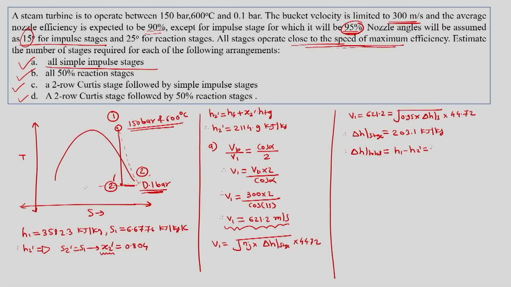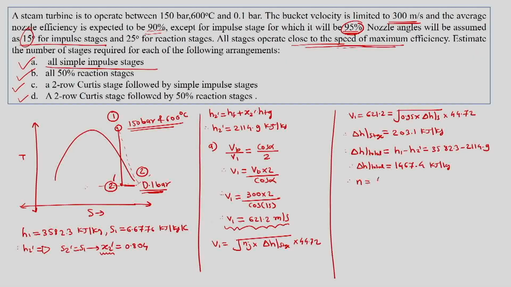But we have total delta H equal to H1 minus H2 dash, which is 3582.3 minus H2 dash, which is 2114.9. So delta H total is equal to 1467.4 kilojoule per kg.